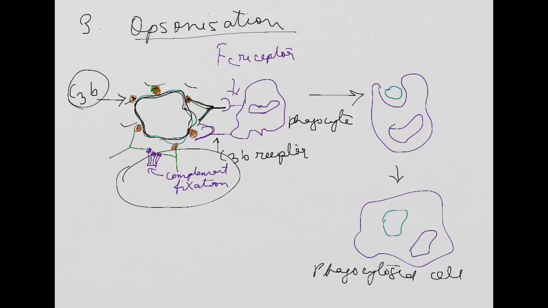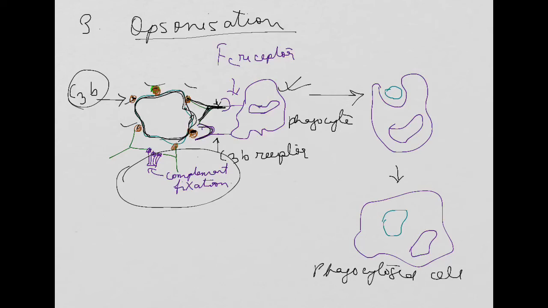And secondly, the phagocytic cells can bind to the Fc portion of the antibody because they have Fc receptors. These antibodies then direct binding of the phagocytic cell to the C3b complements attached to these cells, because phagocytic cells also contain receptors for C3b proteins.